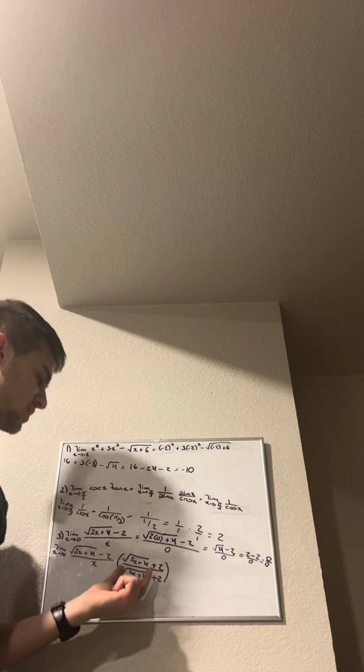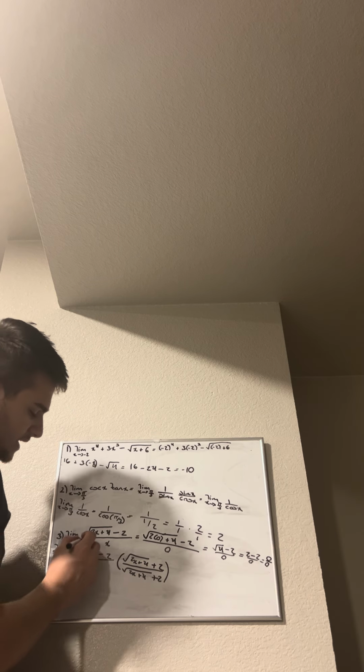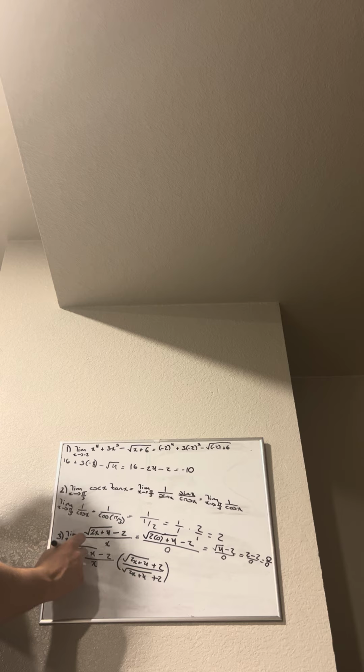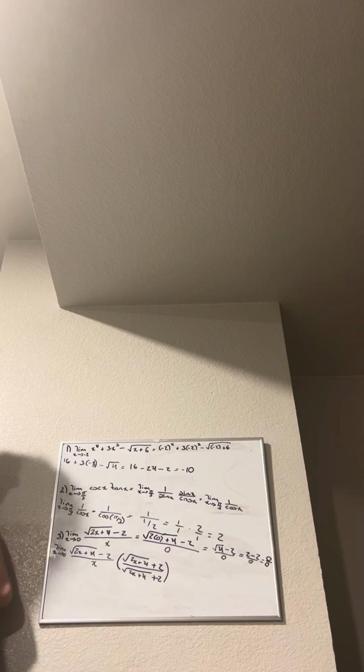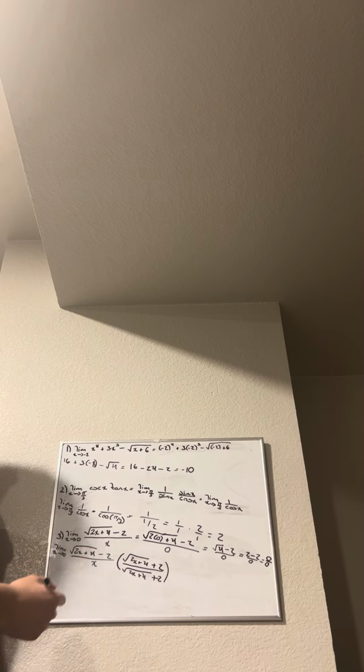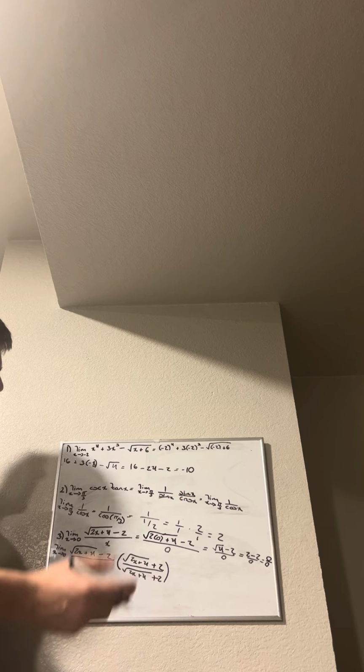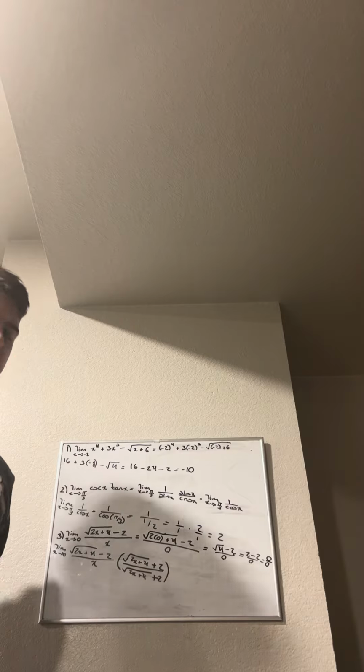But this conjugate form is only applicable when you have roots within the expression, because when you multiply a root by a root, you simply get rid of those roots. So it makes it easier for you to simplify terms and solve the problem accordingly.